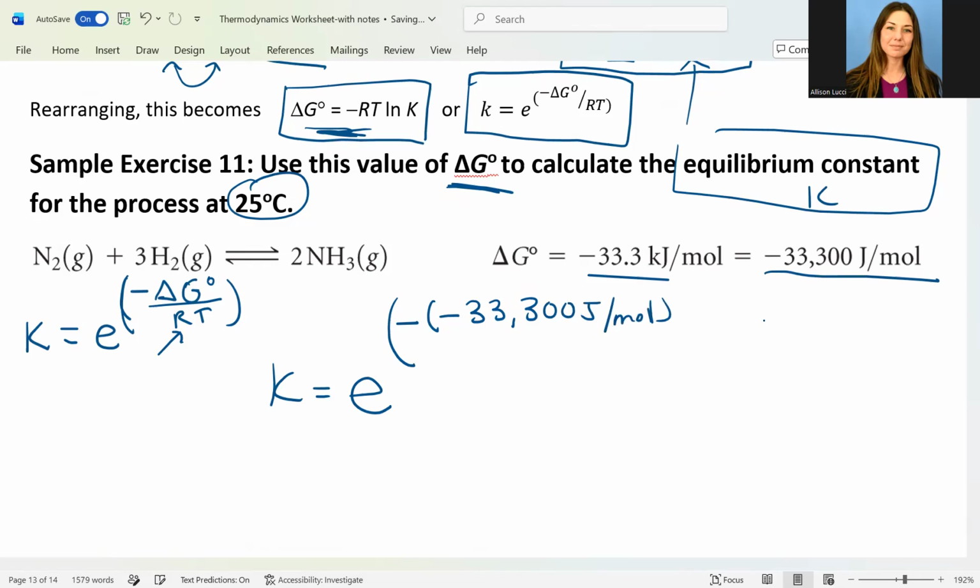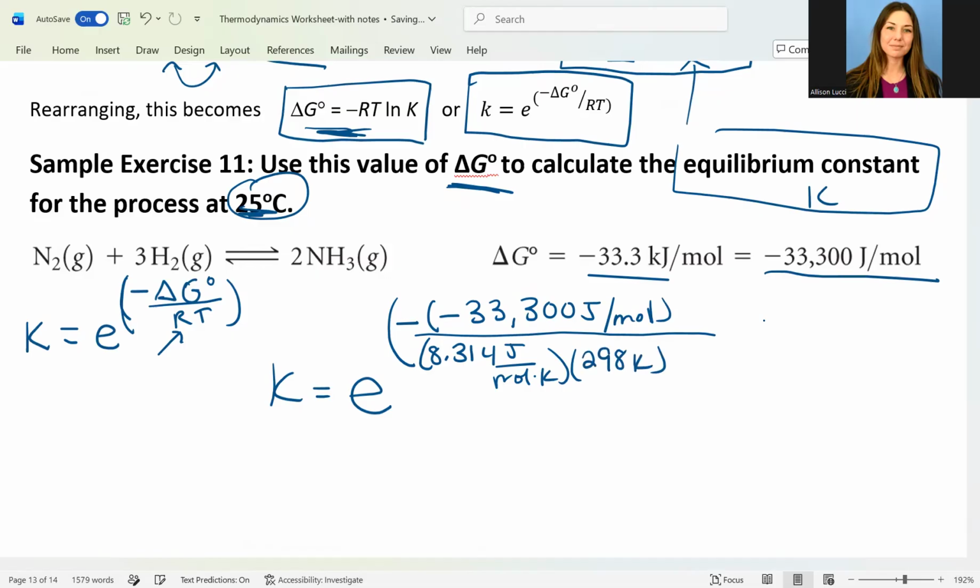And then in my denominator, I'll have R, so 8.314 joules per mole Kelvin, times our temperature in Kelvin. So to 25, I'm going to add 273, so that's about 298 Kelvin.